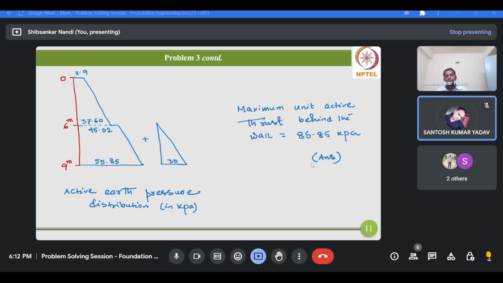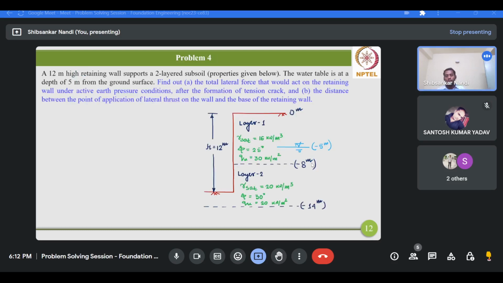Yes, sir. Okay. So now we'll take our next problem. A 12-meter high retaining wall supports a two-layer subsoil. Properties given below. The water table is at a depth of 5 meters from the ground surface. Now we have to find out two values.